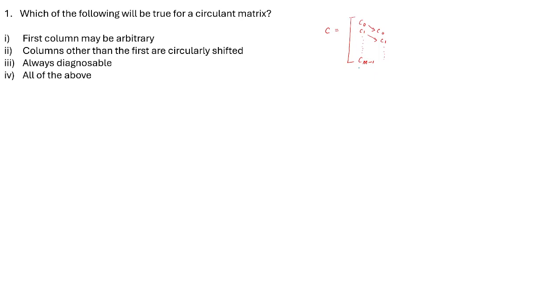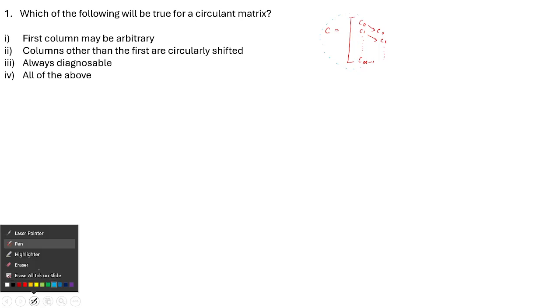We call it a circular matrix because it follows the circular shift, which follows this trajectory. Please don't take this drawing at face value. I'm just showing that when you move from one column to the next, this is what happens. This Cm minus 1 is going to come here, and here you end up with Cm minus 2, and this goes on row and column wise.